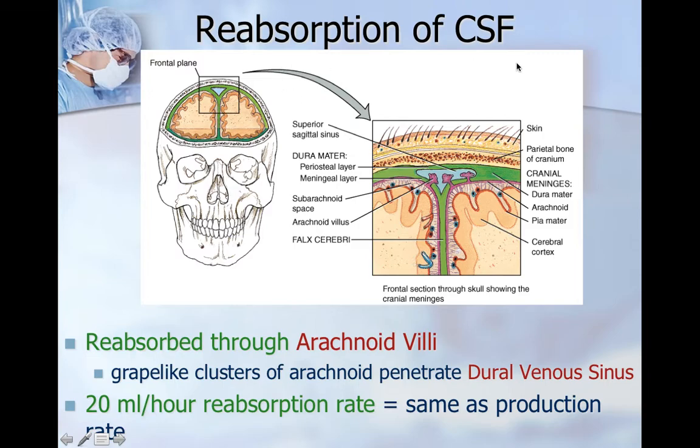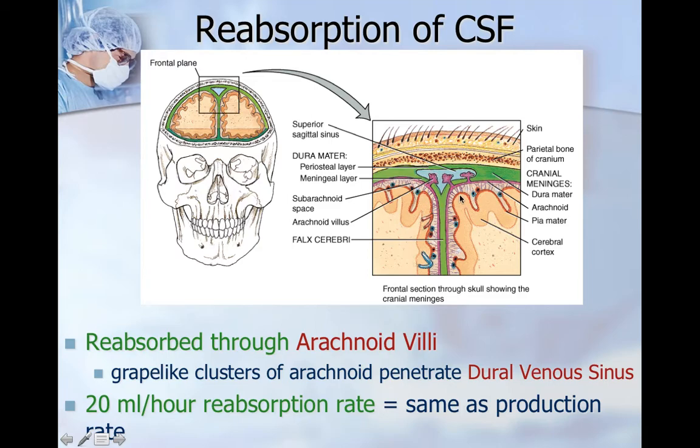Reabsorption of cerebrospinal fluid does happen. You can see this here in the frontal plane of the brain. This is where we have a sinus, which is a cavity inside the skull.